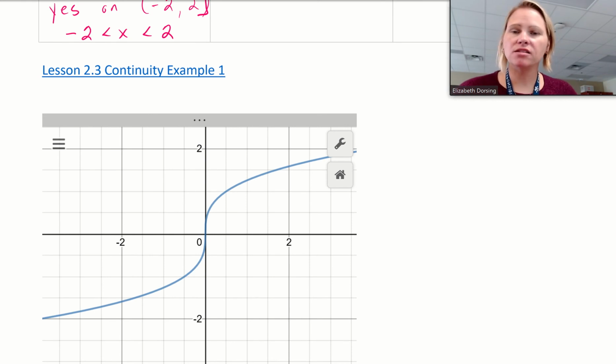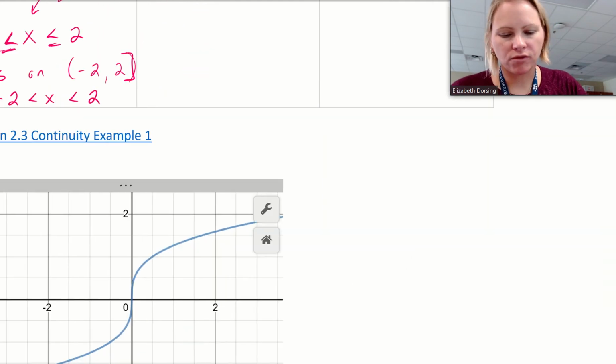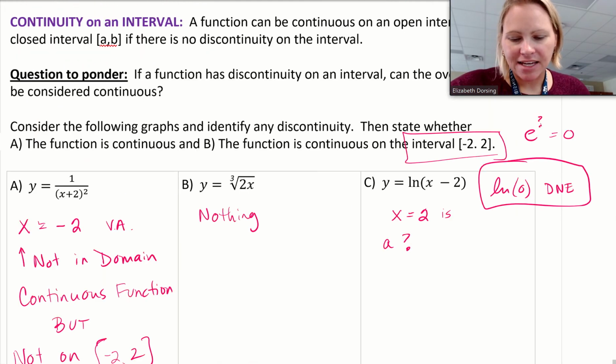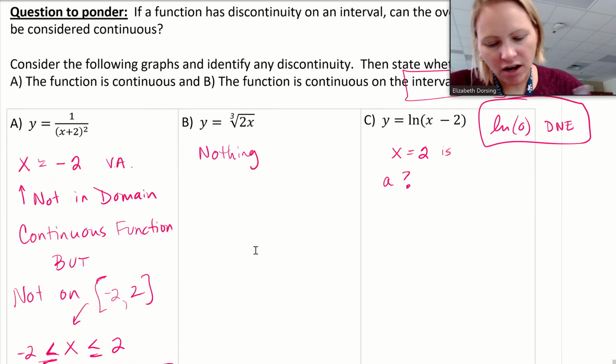If I'm going to consider it on the closed interval 2 to negative 2, yes, it's continuous, because at those endpoints, the values exist and the limits and the y values agree. The same thing is true on the open interval. When I come up here, I'm going to say that yes, it is absolutely continuous on everything.